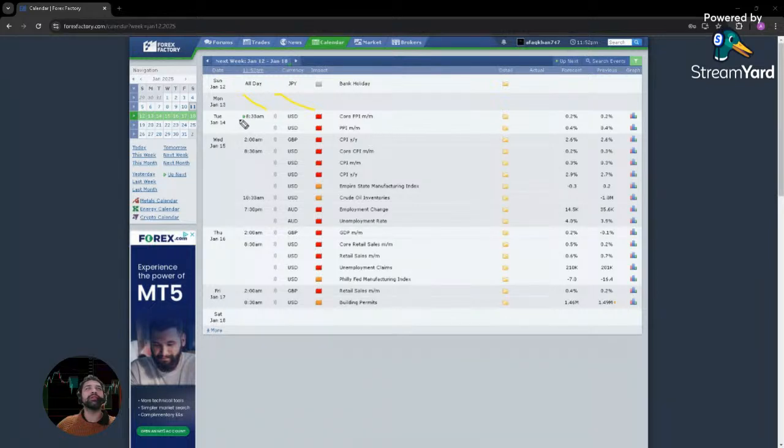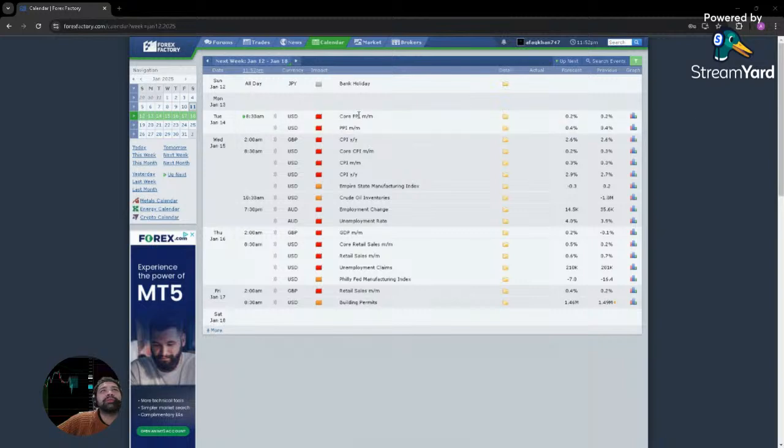So on Tuesday specifically, the time which you are seeing right now here is the Eastern Standard Time. That is New York time. So in the morning of New York at 8:30, we are having PPI, core PPI and PPI monthly.